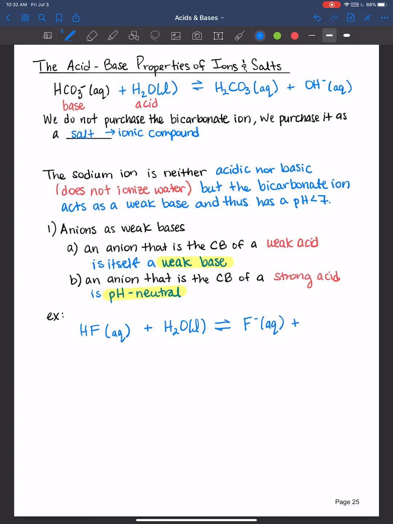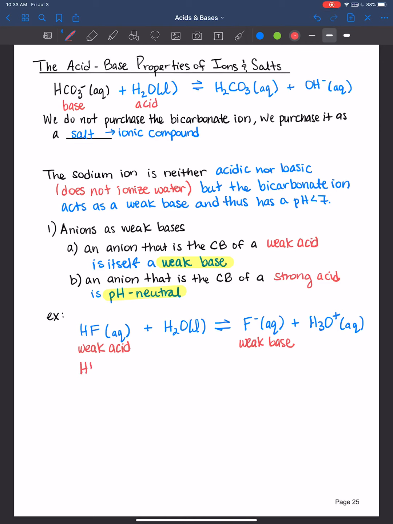And then the conjugate acid of water, when it's gained a proton, is the hydronium ion. Now, if we focus on the conjugate acid-base pair here, HF is the weak acid. This fluoride is the conjugate base, so it's a weak base.